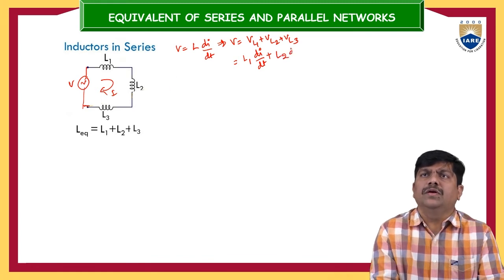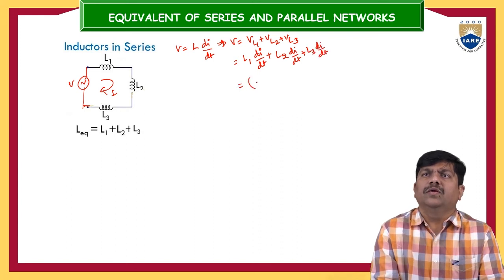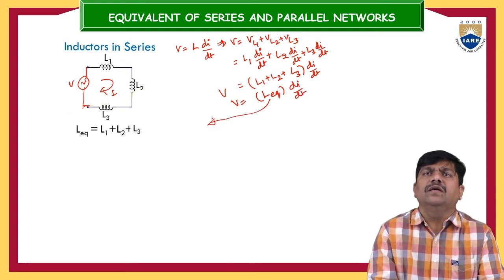So L2 di by dt plus L3 di by dt. From this you take di by dt as common. So L1 plus L2 plus L3 into di by dt. Whatever the left side value, this is V. So V is L equivalent into di by dt. So L equivalent is nothing but L1 plus L2 plus L3.